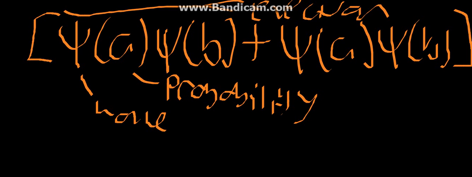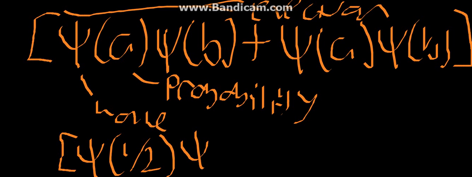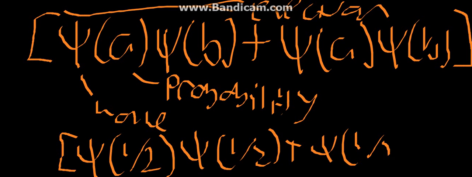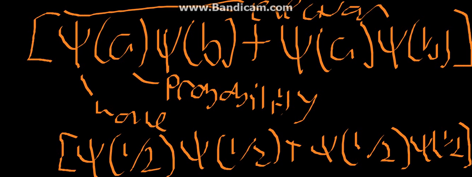This is basically a spin-spin interaction. Now that we know this, if we were to plug this in as numbers, we would have psi times 1/2 times psi times 1/2 plus psi times 1/2 times psi times 1/2. That's what it looks like if we plug in numbers.